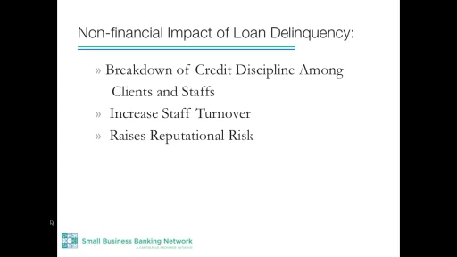The third point is its impact on the reputation of the institution. Reputational risk will eventually lead to reduced access to fund sources. Your funder institutions will hear through word of mouth that this institution has very high cases of delinquency.